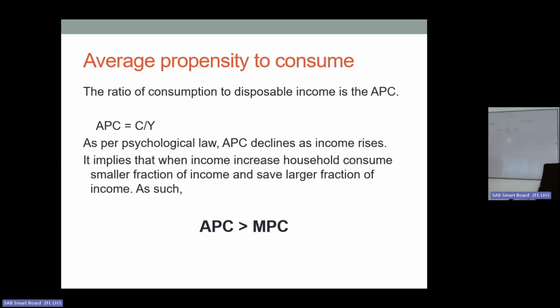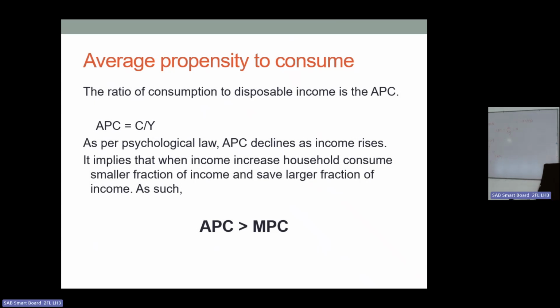If you take the average propensity, we take the consumption function a plus bY divided by Y, so APC is a over Y plus bY over Y, which is b. That is the marginal propensity. So APC is a over Y plus b, that is, MPC. So APC is greater than MPC.